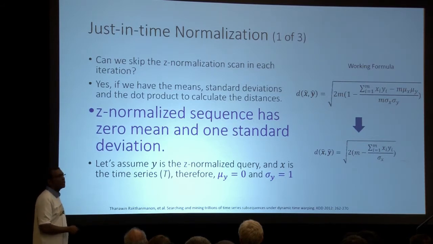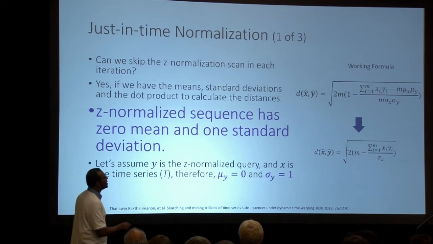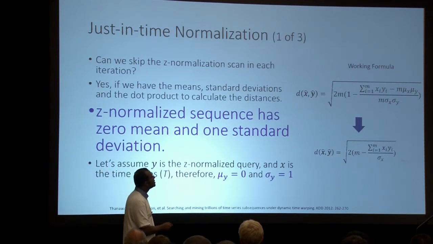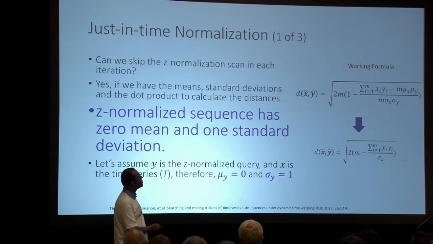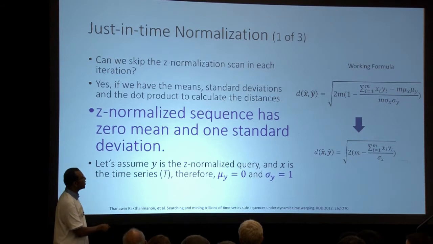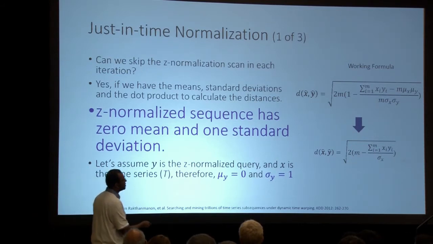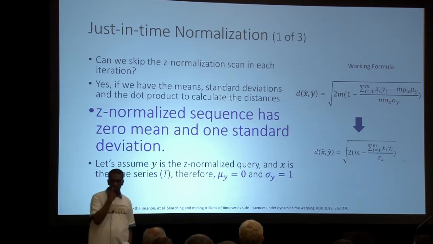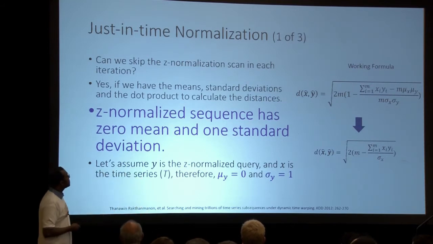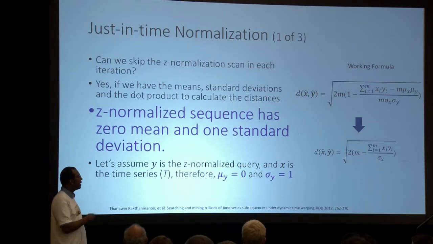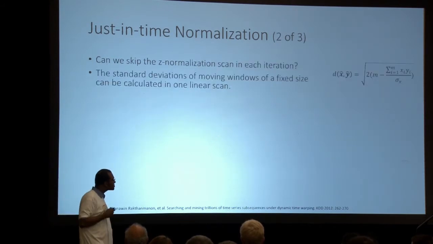So if you assume that your query will always be y in this formula, then you can refactor it and see that you need only the dot product and the standard deviation of the sliding window. Only those 2 terms. So we use that observation.